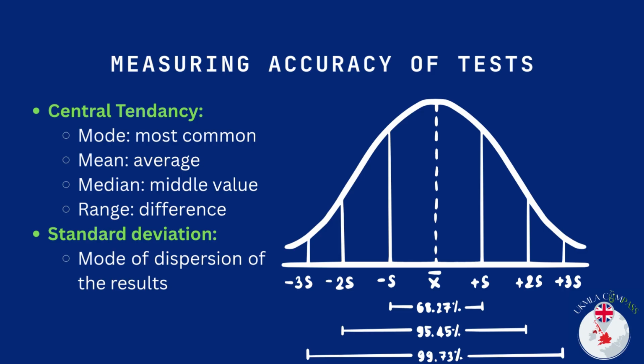First, the mode. The mode is the most common result that we have been taking. Let's say that we are testing the fasting blood sugar level of diabetic type 2 patients, and the most common result was 128. So this is the mode of this study. The mode is 128. Second, we have the mean. The mean is the average value.